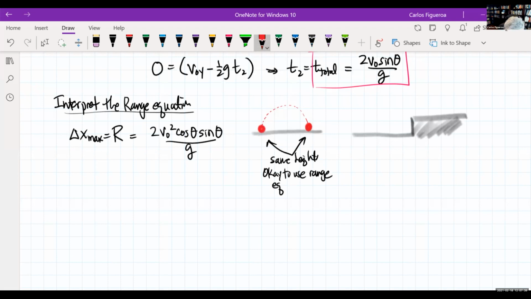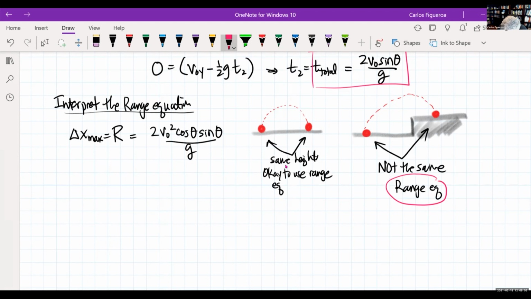And so now the ball starts here and the ball ends here. So as the ball is taking this path here, you could see that these 2 heights are not the same. So that means if you try to use the range equation in here, it's not a valid statement. You need both heights to be the same.